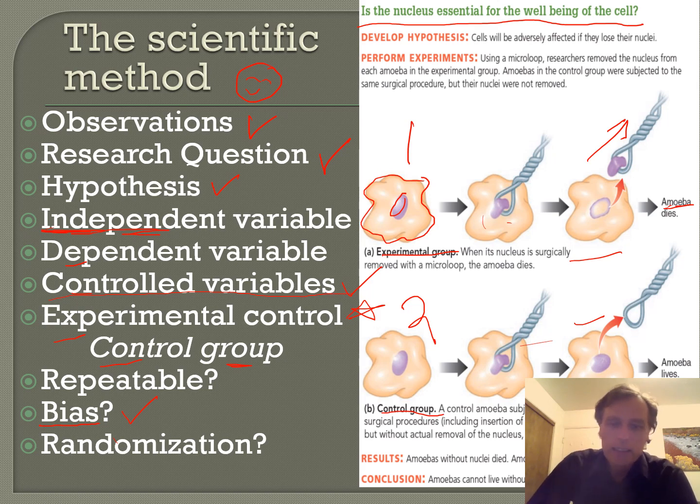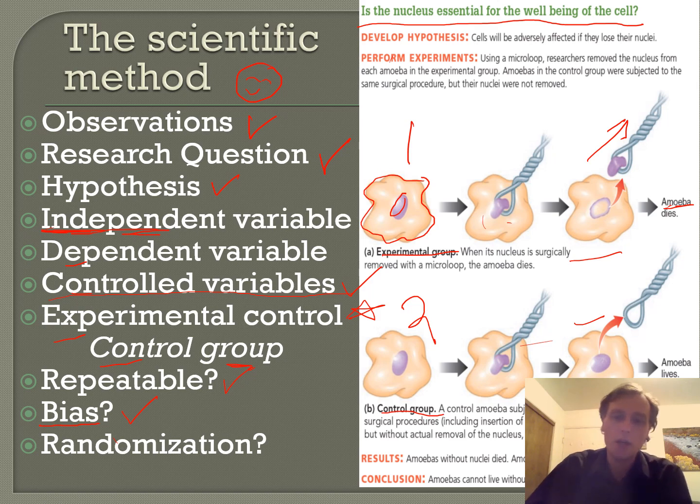Okay. Let's see here. So let me just touch on these last two here. Repeatable, yes, the experiment's repeatable, so that's great. If you designed an experiment that was so amazing that only you were able to do it, there would be some problems. People would not believe you. And then randomized. What does that mean?